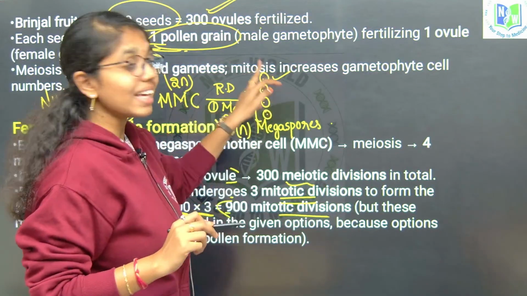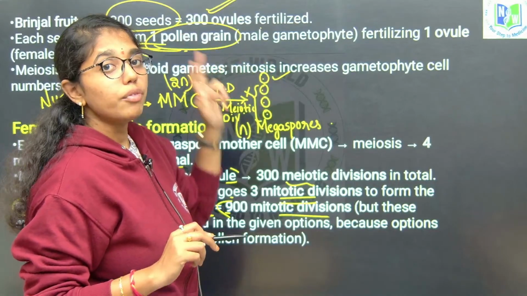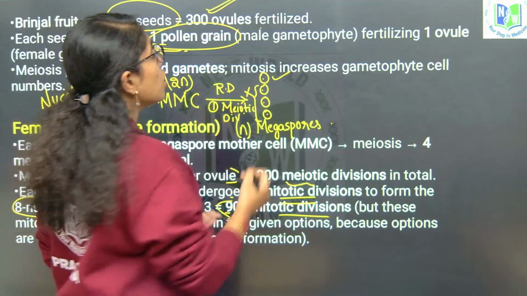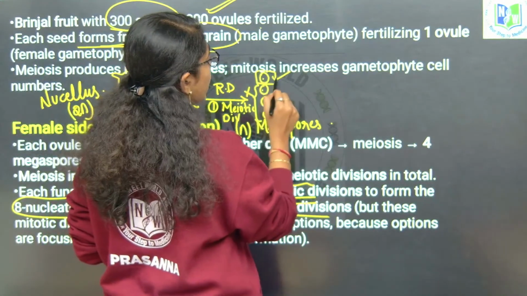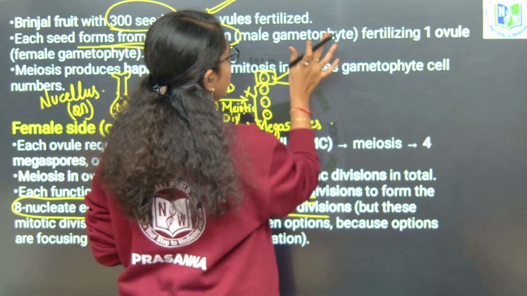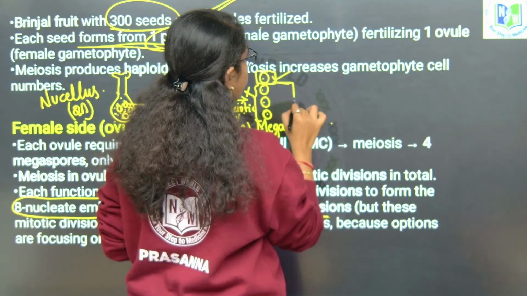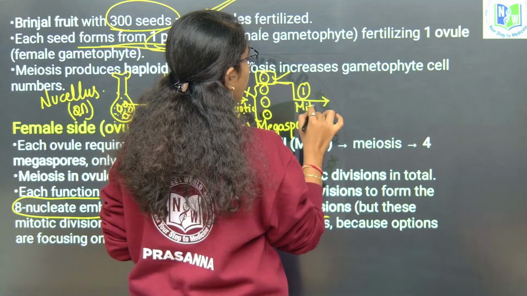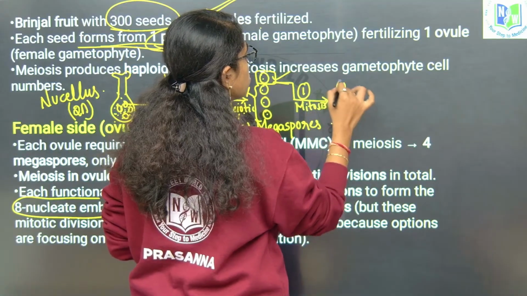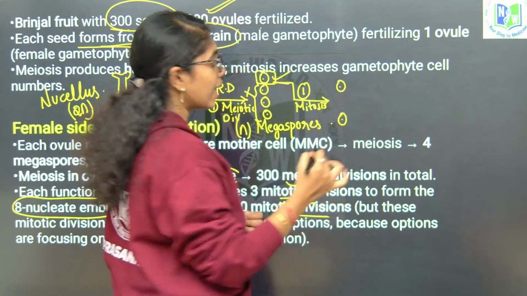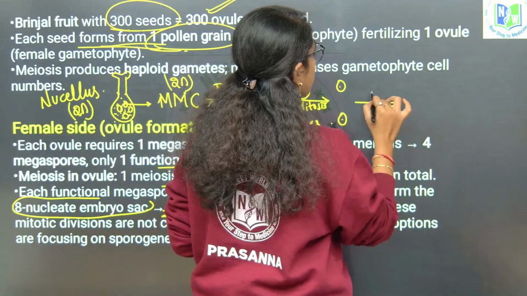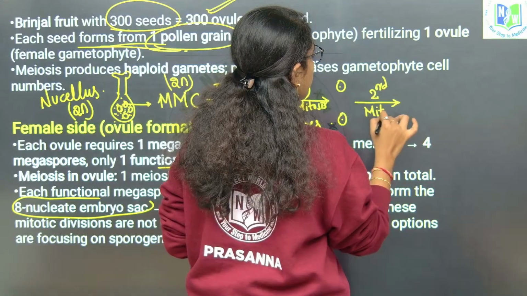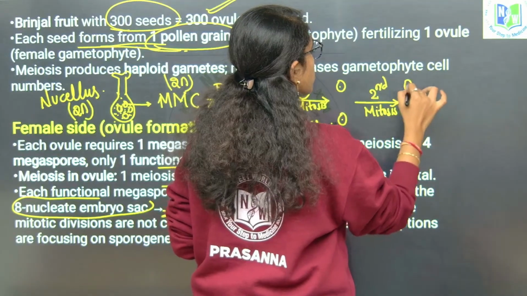And this single functional megaspore will undergo 3 sequential mitotic divisions. The first mitotic division forms 2 cells. The second mitosis forms 4 cells.